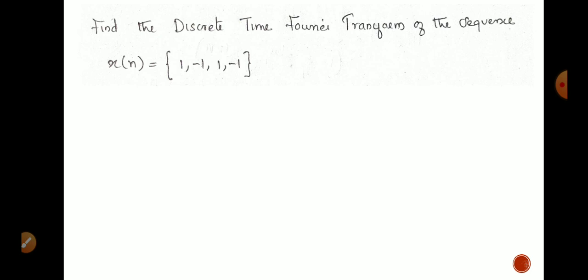From the given sequence, we have the information that x of n equal to 1, minus 1, 1, minus 1. From this, we can write, at n equal to 0 position, the value of x of n equal to 1.